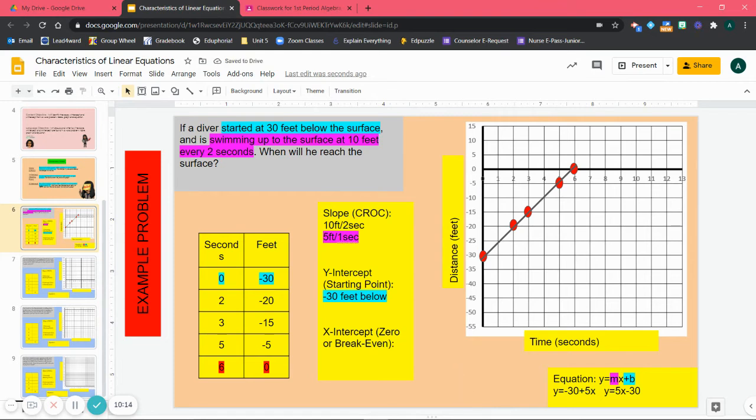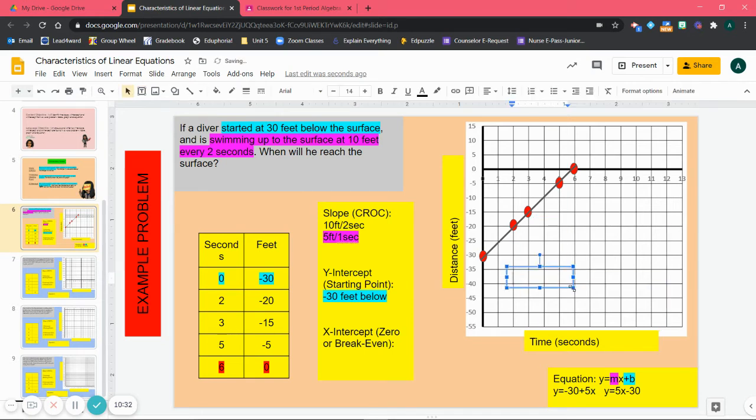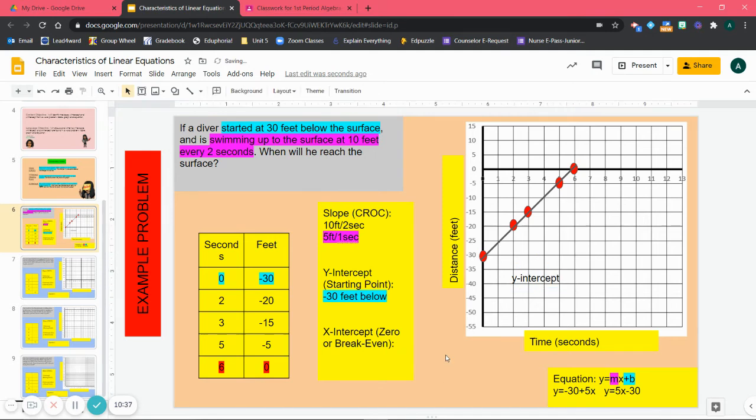Okay. All right, so if I look at this graph here, this is where my diver started. The starting point is also now known as our y-intercept. So I'm going to go ahead and label that as my y-intercept. So make sure on your sketched graph that you label that point your y-intercept.